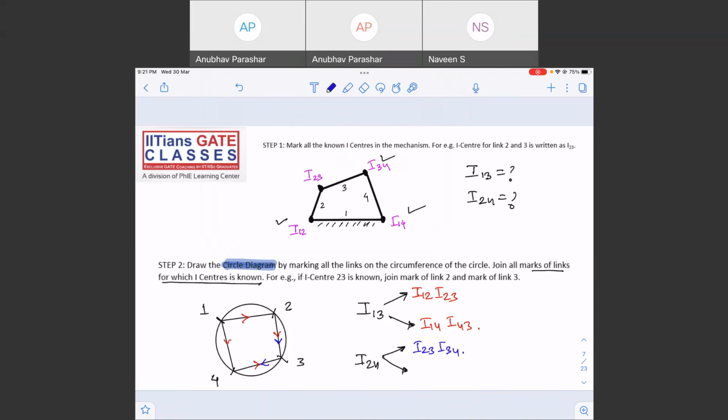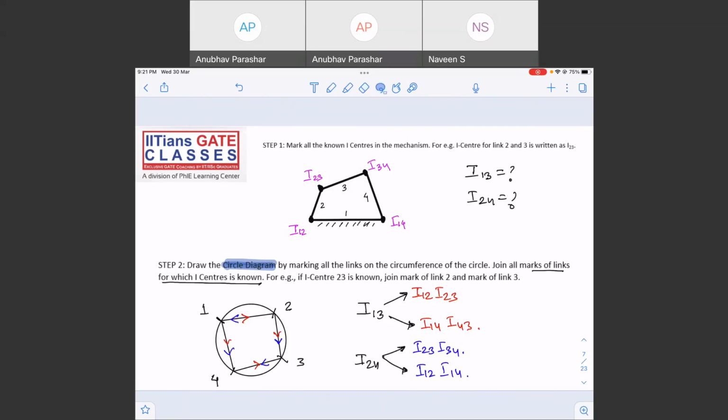Then I can go from 2 to 1, and then 1 to 4. So I2 1 and I1 2 are the same: I1 2, I1 4. Okay, this much you have to do first.